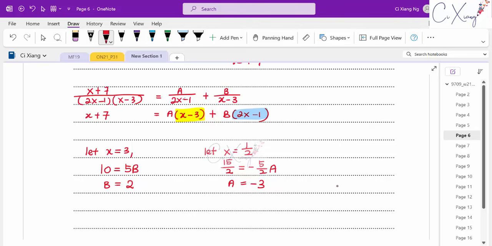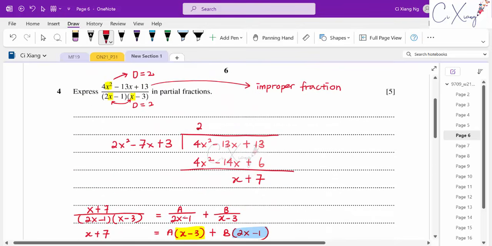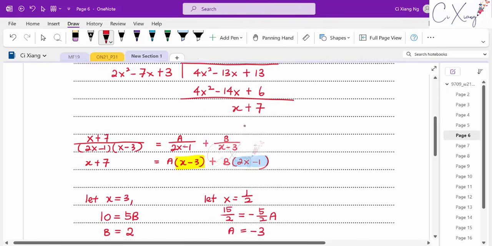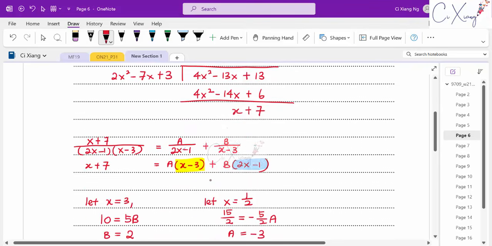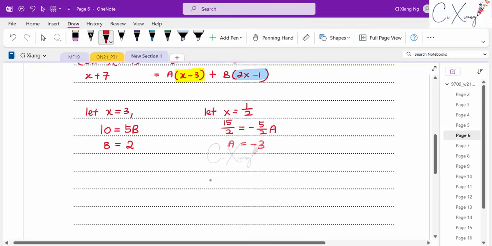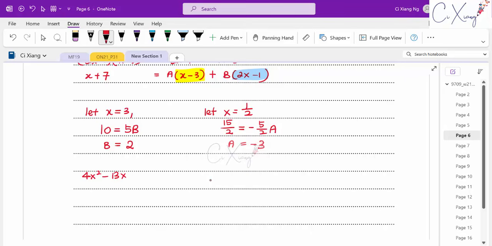Okay, so now I already found out the long division. The quotient, and I have used the remainder to find out the partial fraction here. Therefore, to write out the final answer for the whole equation, it will be something like this. So this is my original fraction, 4x squared minus 13x plus 13 divided by 2x minus 1 and also x minus 3, equals to, so what is the quotient?